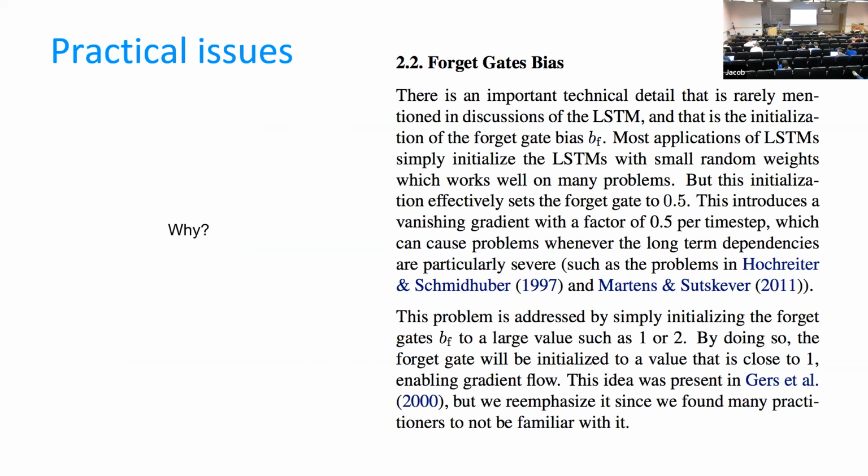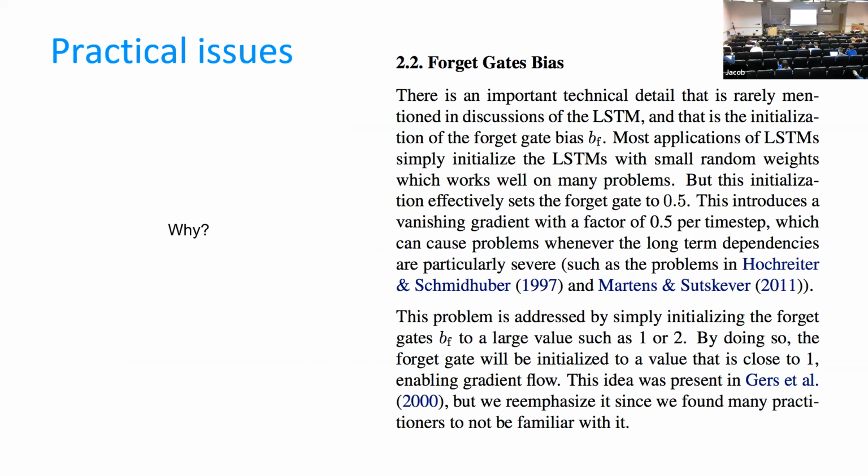Yeah, there are a couple of practical issues with training LSTMs. This is related to the difficulty of training forget gates, and actually, talking about the problem of vanishing gradients.